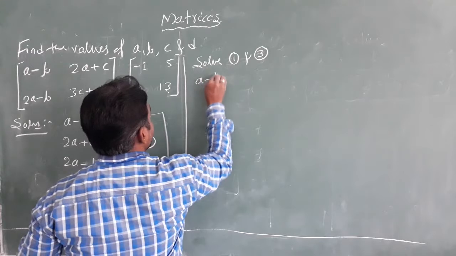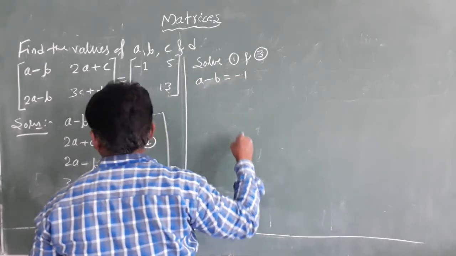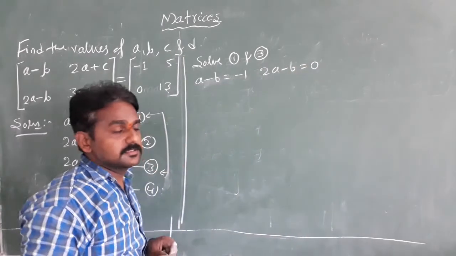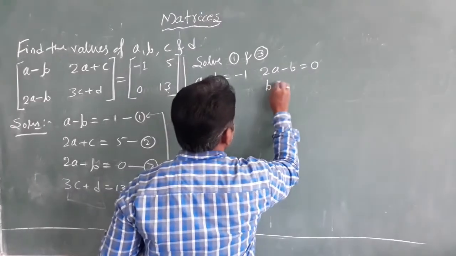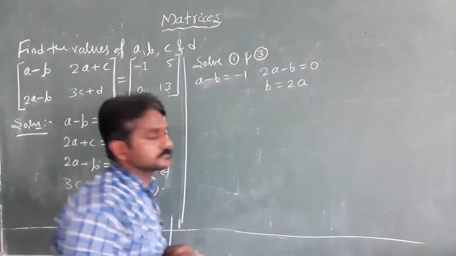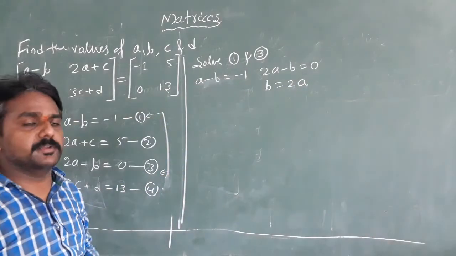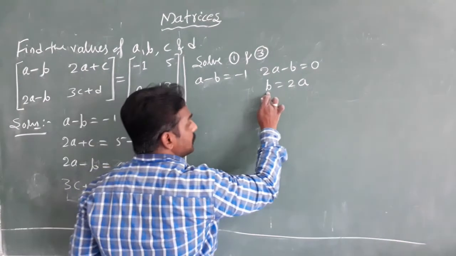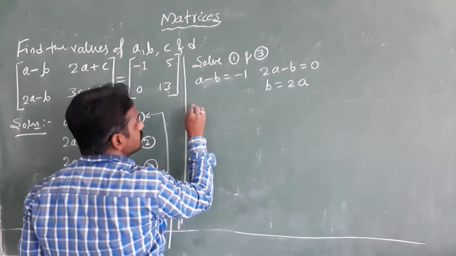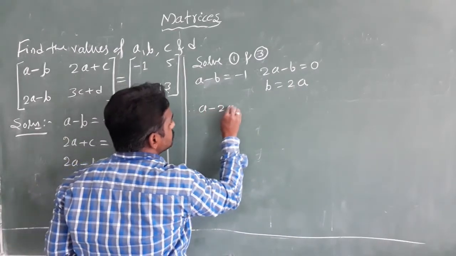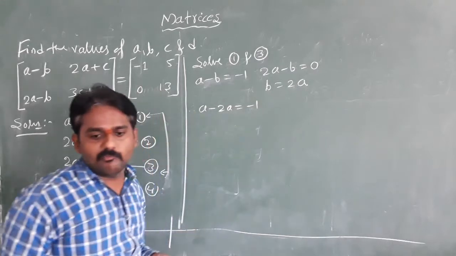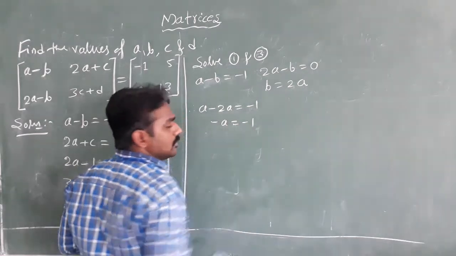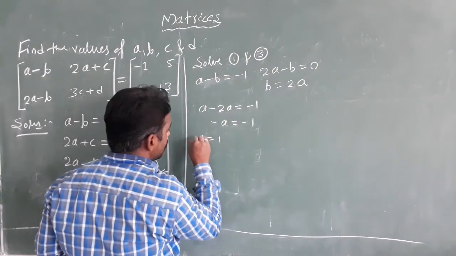So A minus B equals minus 1 and 2A minus B equals 0 is here. So can we write B equal to 2A? Yes, just shifting the minus B to the right side, you will get B equal to 2A. So fill that B equal to 2A in this equation. Therefore, A minus 2A equal to minus 1. So what we get here? Minus A equal to minus 1. Therefore, A equal to 1.